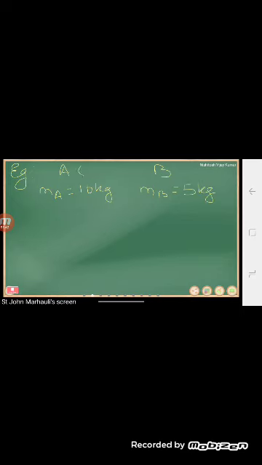That means A is heavy and B is your lighter body. Let the momentum PA be 100 kg meter per second, and PB is also 100 kg meter per second.